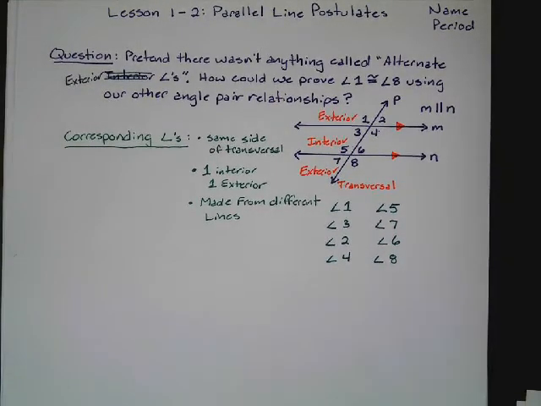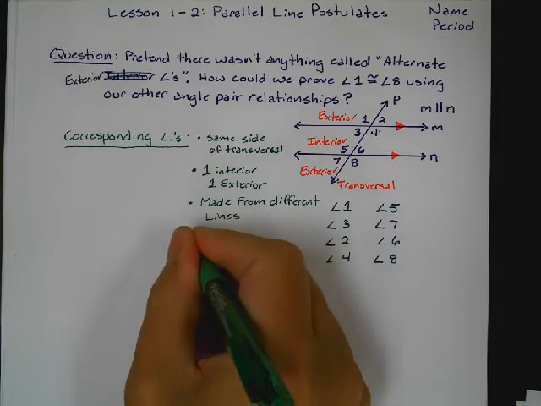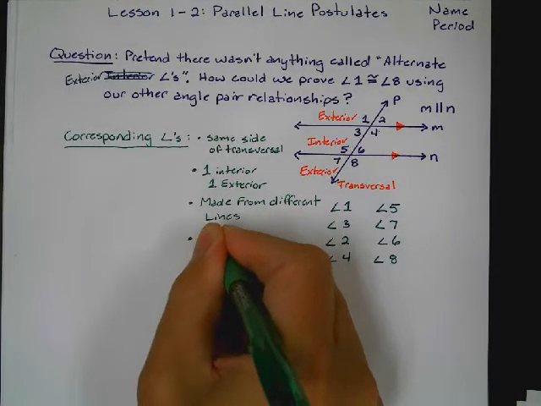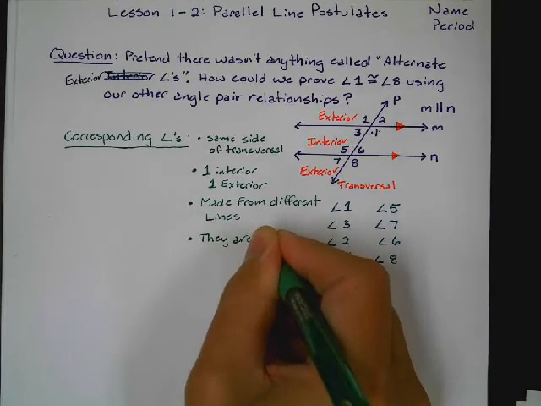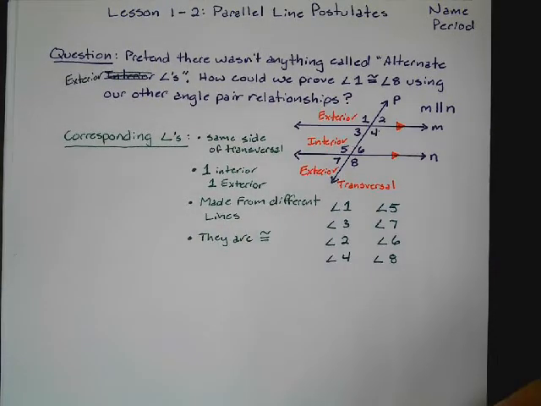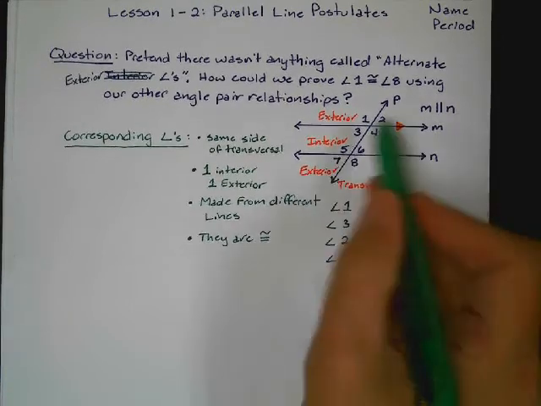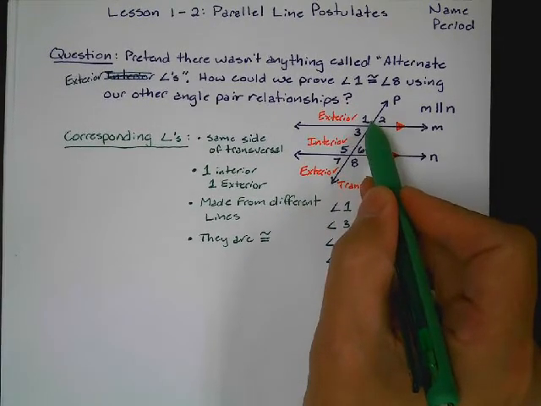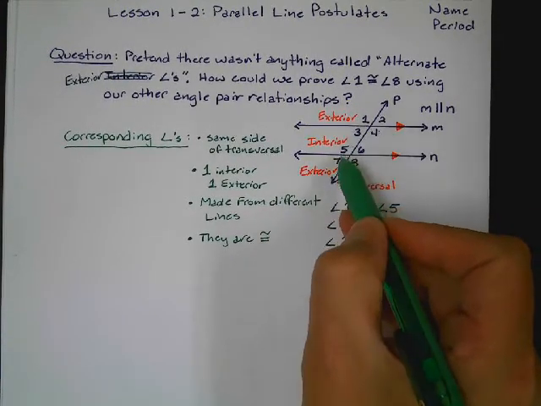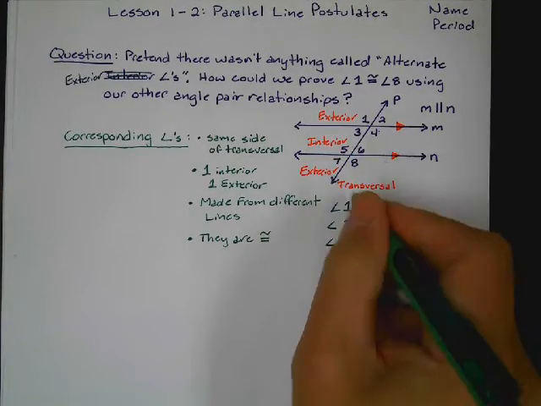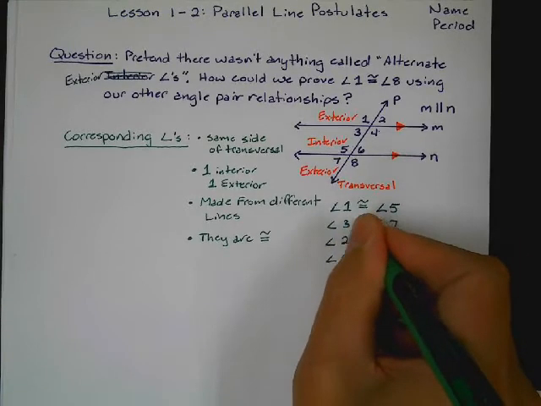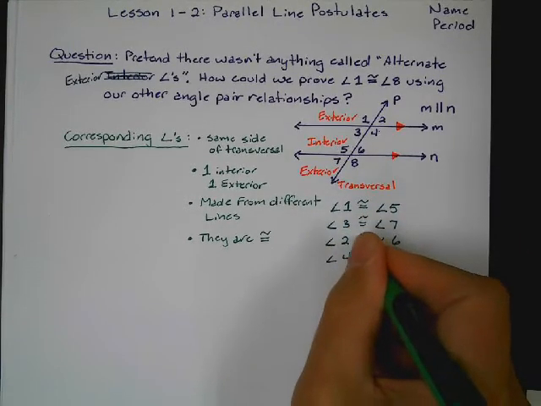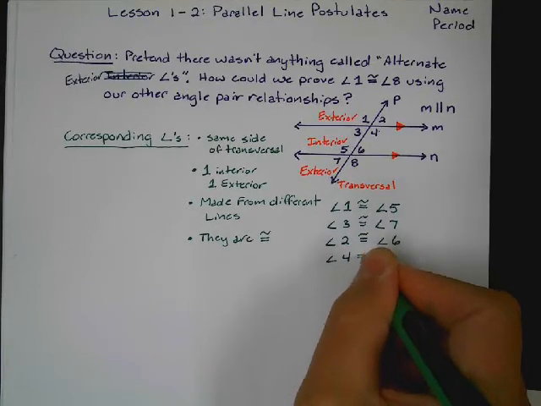Corresponding angles are congruent. And remember, congruence means that their measurements are the same. So if angle 1 was 110 degrees, angle 5 would also have to be 110 degrees.